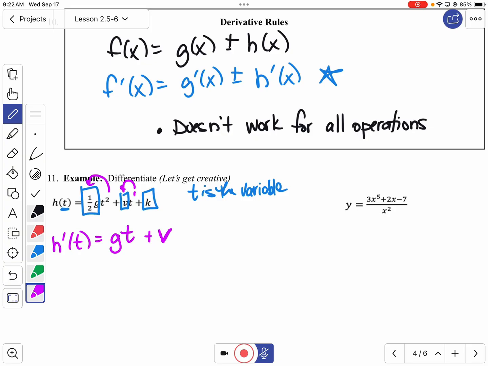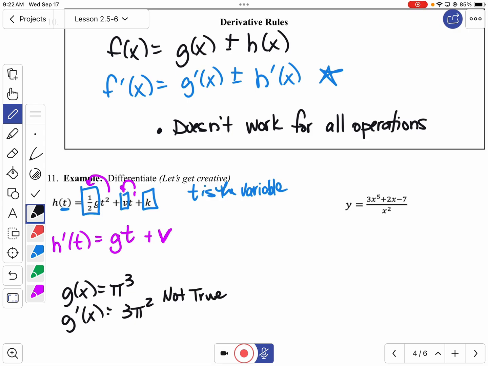0. Now, I show you that because I have this on a coffee cup, by the way. G of x equals pi cubed, so g prime of x equals 3 pi squared. That is not true. What is pi? It's a number. So what would be the derivative of a number cubed?